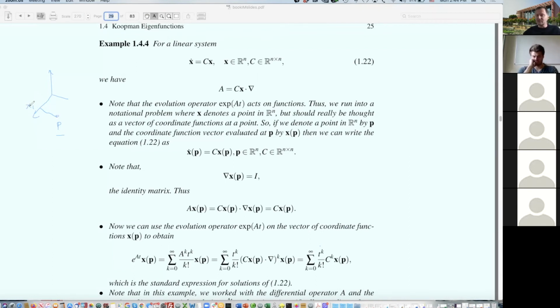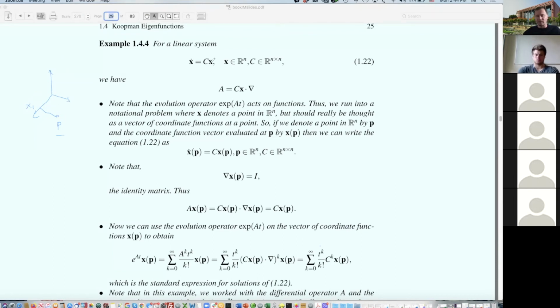So x1 is really a function, right? A function is an association of a number with a point on the space you're looking at. And so x1 is really a function on the state space, instead of being this variable that we are used to. So is x2, so is x3.